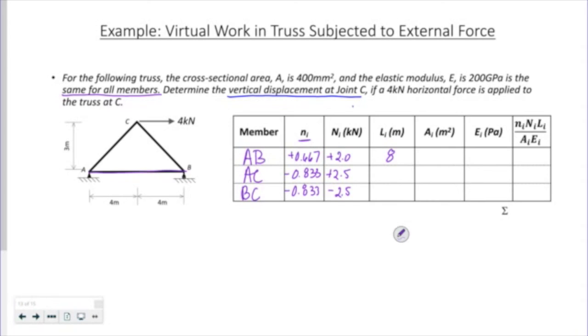AC, we have a 3, 4, 5 triangle, so AC is 5 meters long, and similarly BC is 5 meters long. All of them have the same area, and I'm going to do some unit conversion here.